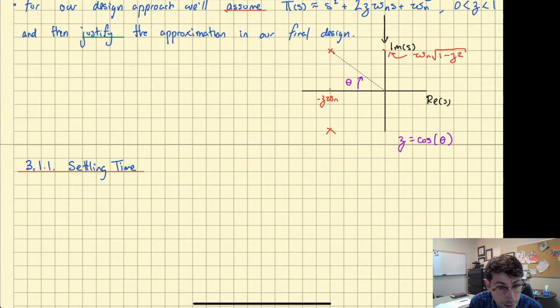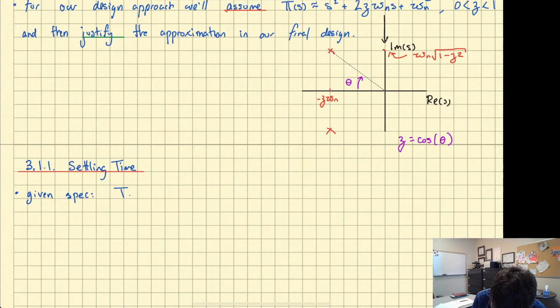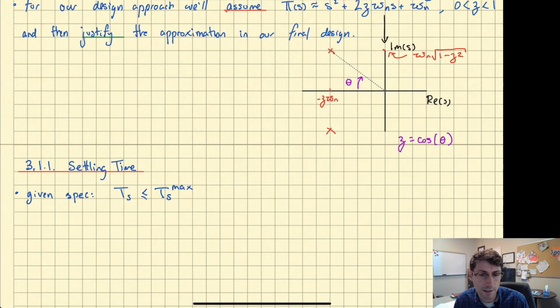The spec is a maximum settling time for a step response. So the settling time of our step response should be less than or equal to some maximum value.